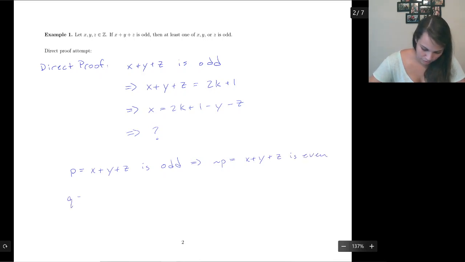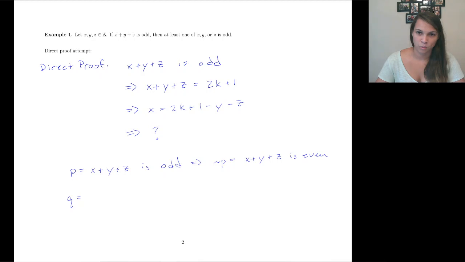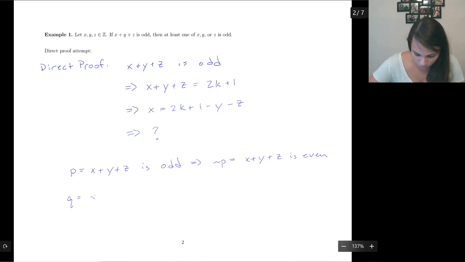And then Q was at least one of x, y, or z is odd, which is the same thing as an or. Remember, or says I just need one of these to be true in order to work. So x or y or z is odd.